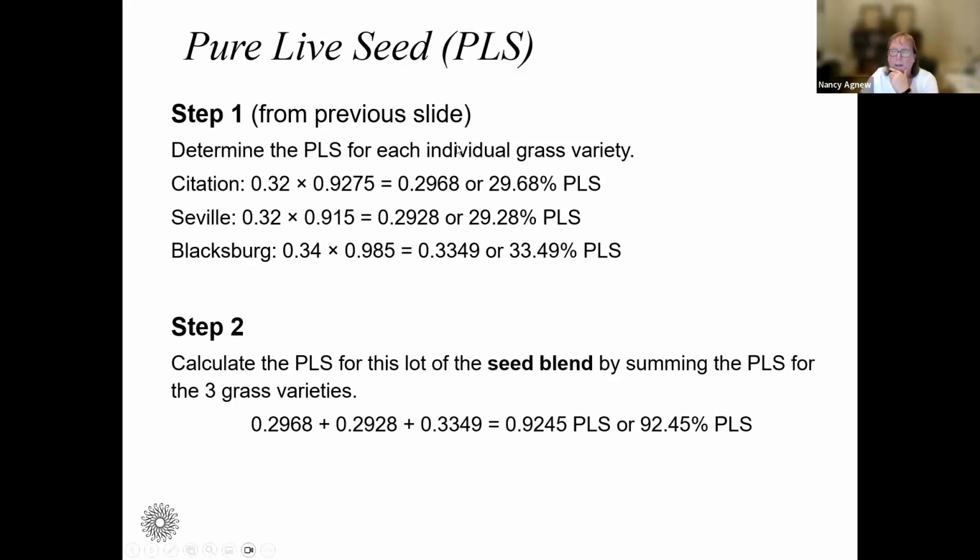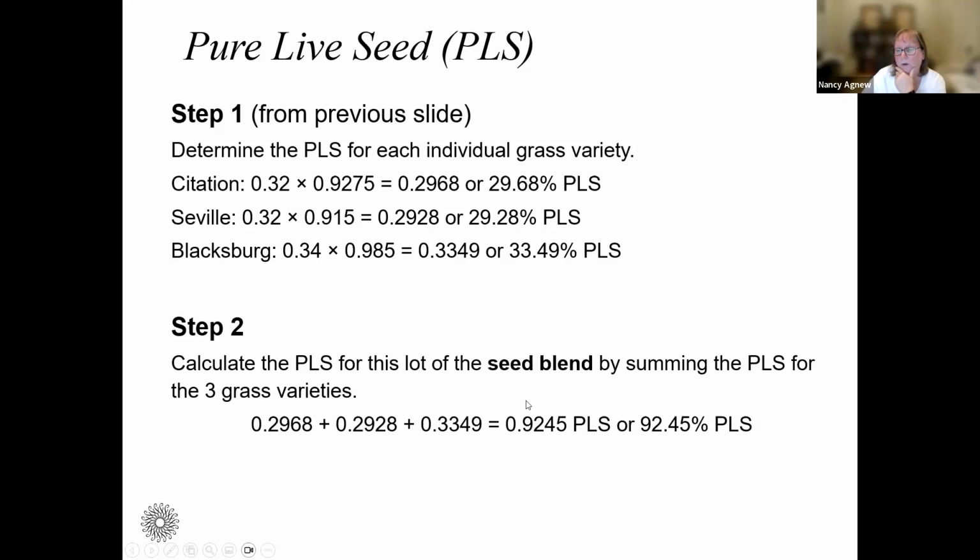Okay, so we've done that in step 1. We've calculated the pure live seed of each. Now we need to calculate the pure live seed for this particular lot of seed, for this bag of seed. All you do is add them up. So you add the 0.2968 from the Citation, the 0.2928 from the Seville, and the 0.3349 from the Blacksburg Kentucky bluegrass.